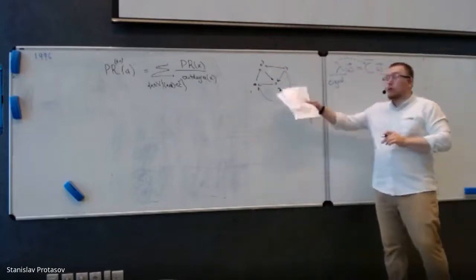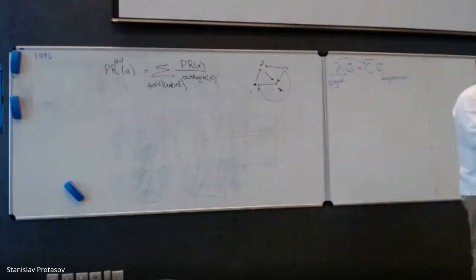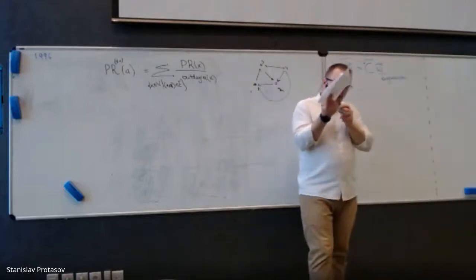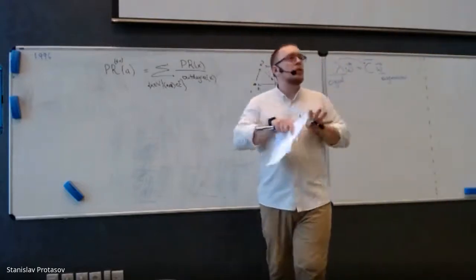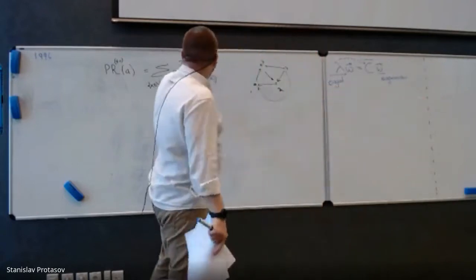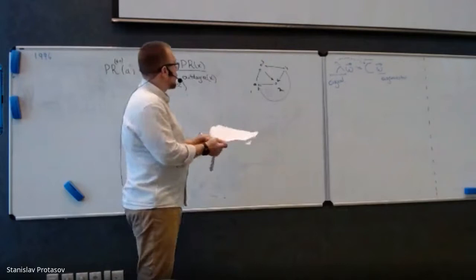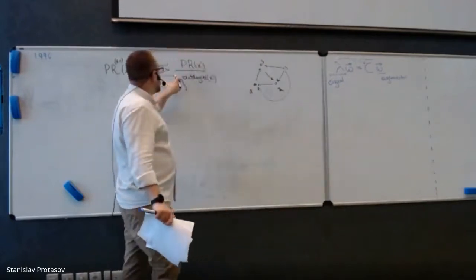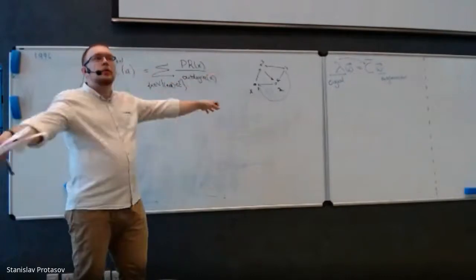And the idea of PageRank is kind of an idea of diffusion in physics. So you pass what you own to your neighbors in equal parts. So the PageRank of X, let's call this X, will be transferred in equal shares to all the neighbors.